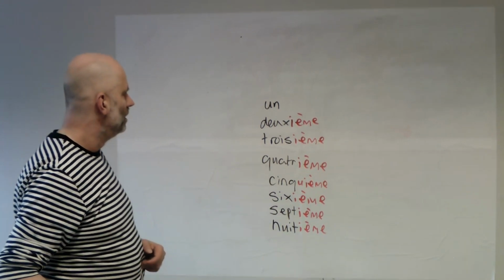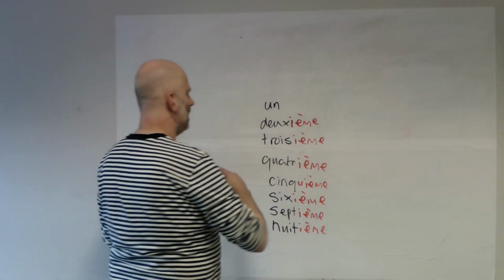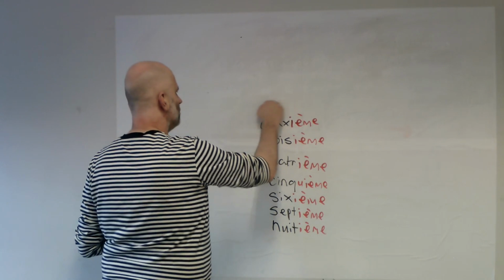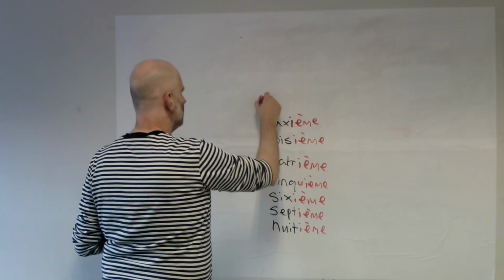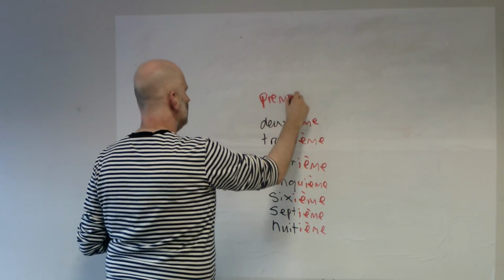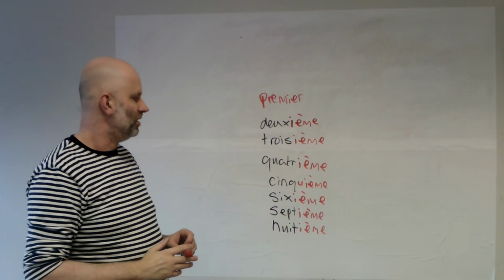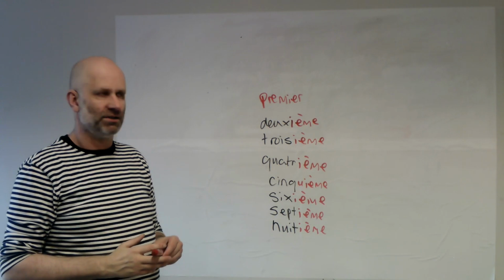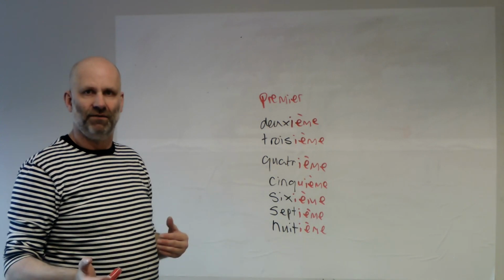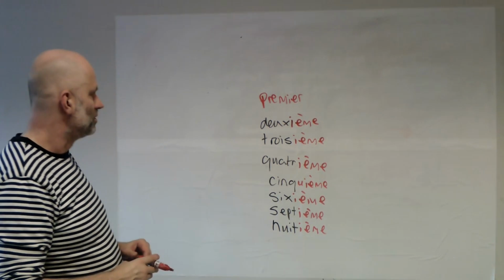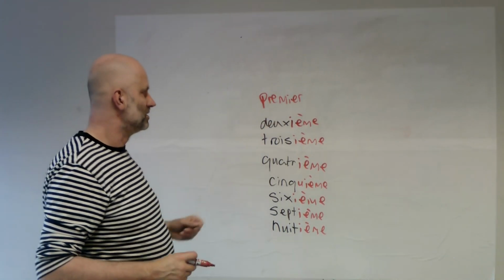Now, you don't say an EM to say first. What you do is you say premier. Now, the ordinal numbers in French behave like other adjectives in that they can be masculine, feminine, singular and plural. So premier will be masculine singular.